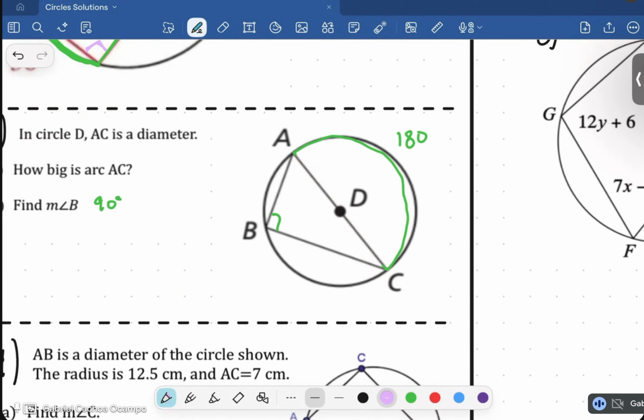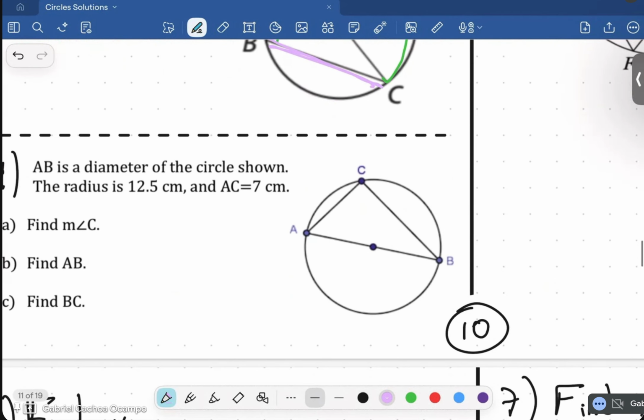Because angle B is inscribed to that arc. They are telling me that AB is a diameter. So angle C is 90.